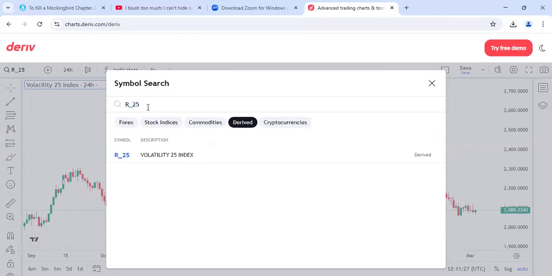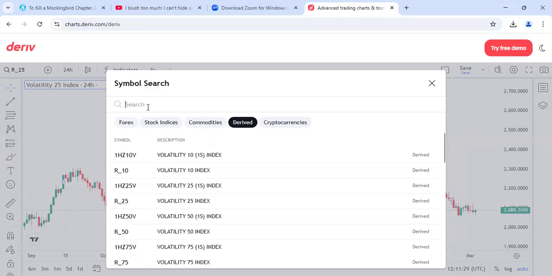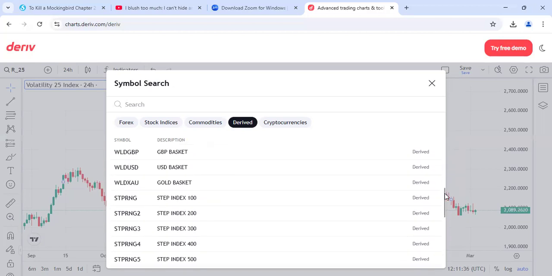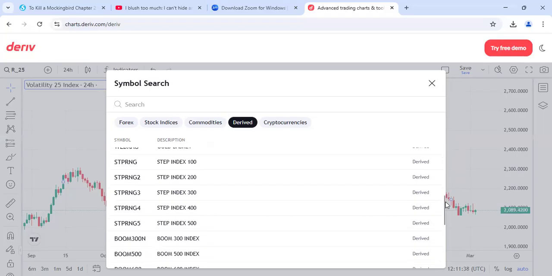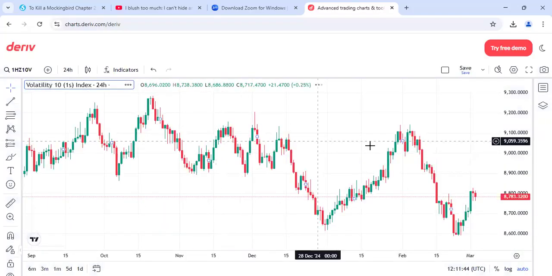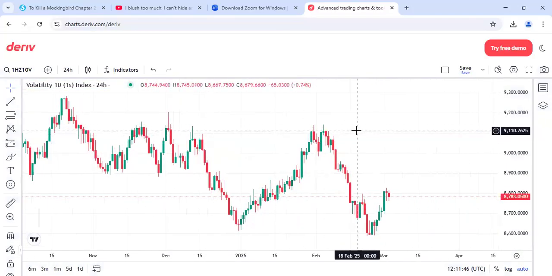So let's remove this one. All the other Deriv indices are here. Step index, all of them, they are here. V10 is here. Look at it here. That's how you check it.